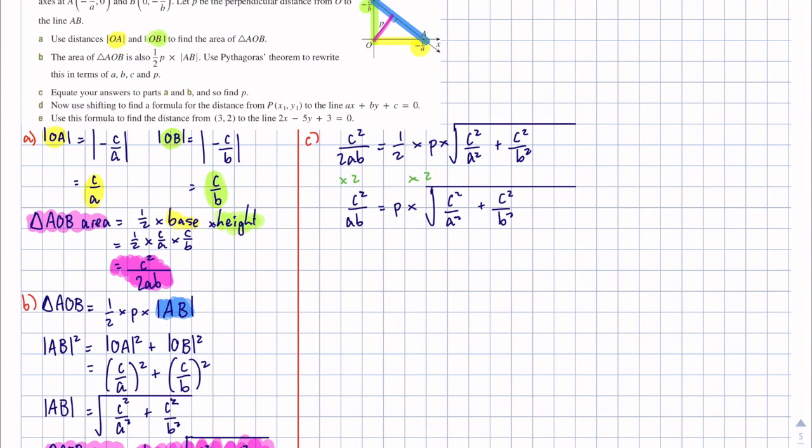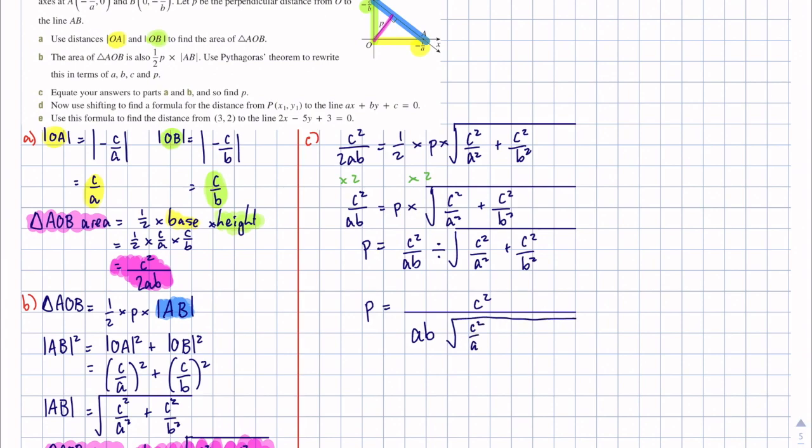which means P is equal to C squared over AB divided by this thing, C squared over A squared plus C squared over B squared, which means P equals C squared over AB times this thing, C squared over A squared plus C squared over B squared.